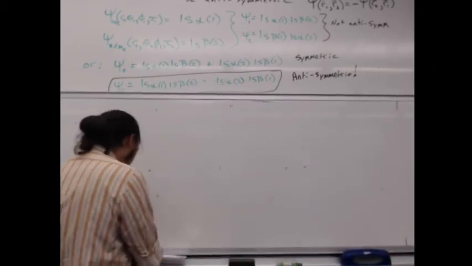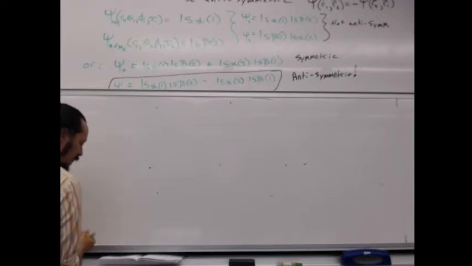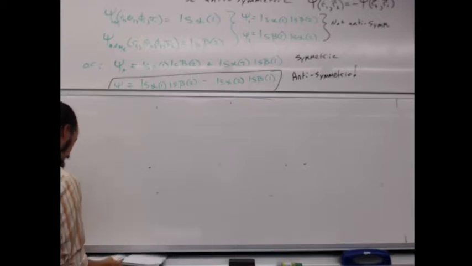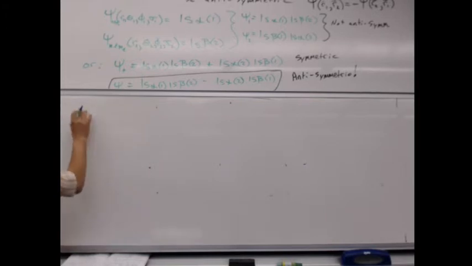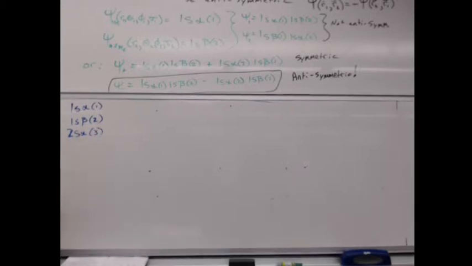So if we're thinking about 3, I can imagine that I'm going to have a 1s alpha 1, a 1s beta 2, and a 2s alpha 3. We'll talk about why we go to 2s in just a moment, but we're going to have these 3 things.